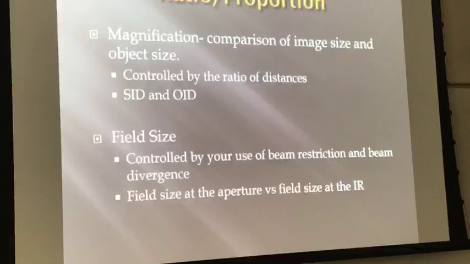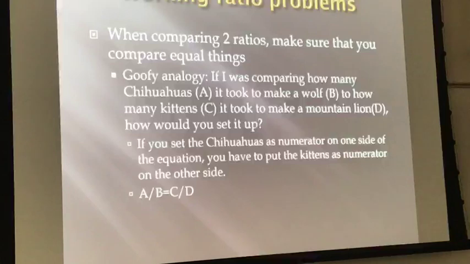All right, so calculation of magnification is just ratio problems. What we're comparing there are SID and OID. Field size is another. What we're comparing in field size is the size of the field, basically the collimator, versus the projected field size.